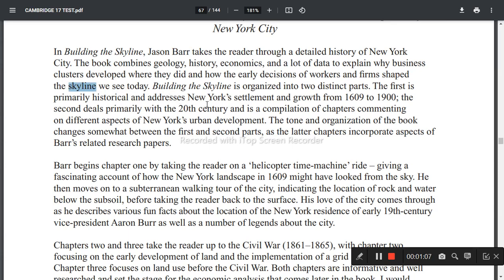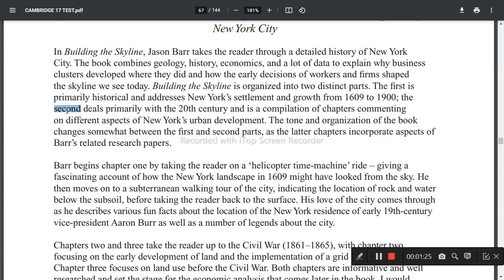Building the Skyline is organized into two distinct parts. The first is primarily historical and addresses New York's settlement and growth from 1609 to 1900.